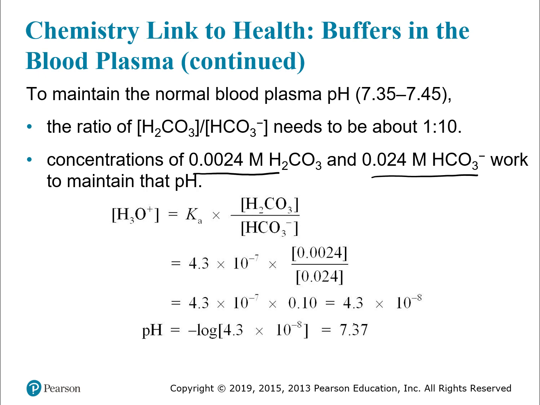And that works out if you solve it like we did the other two problems, where you solve for the hydronium concentration, which is what this is, and use that to solve for the pH. You get about 7.37, so that's about 7.4. So this is what's actually going on in your blood right now.